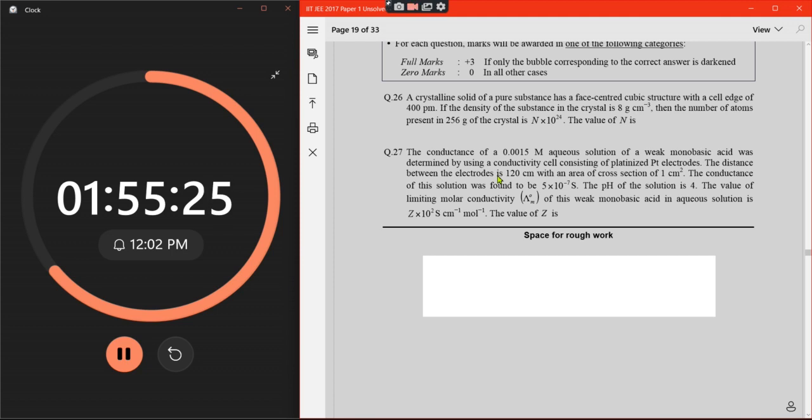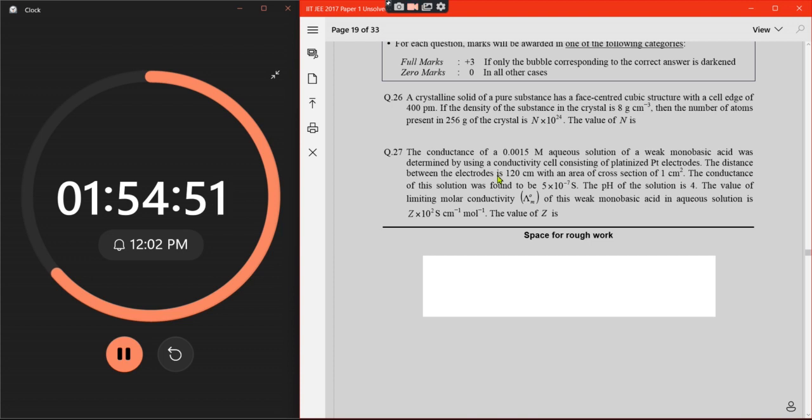What was the formula? Resistance is equal to rho L upon A. So conductance is equal to conductivity times A upon L, right? So conductivity is L times G upon A. That's what we are looking for. 1.2 times G upon A, which is 10 power negative 4, comes to 24 times 10 power negative 4.